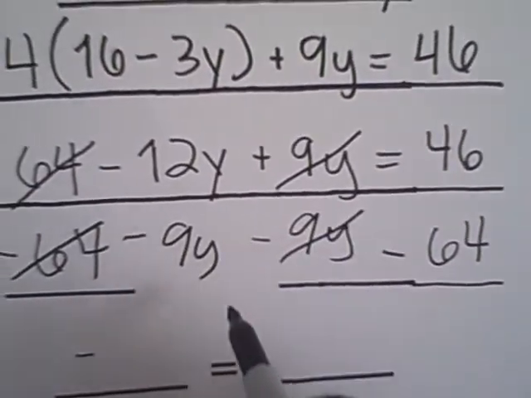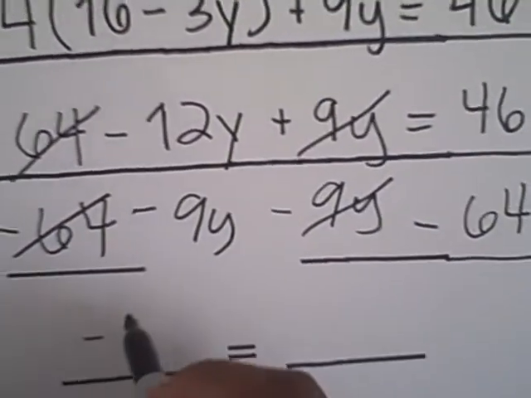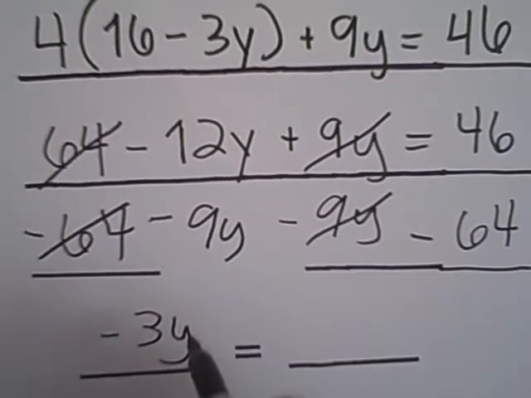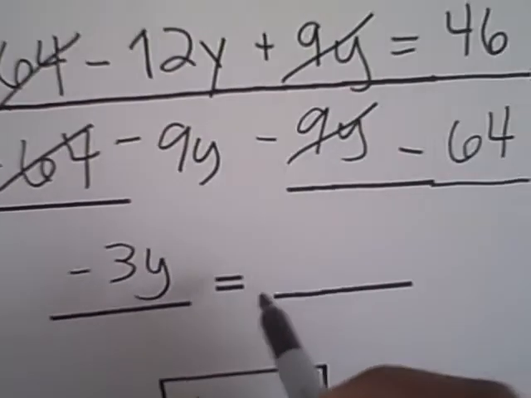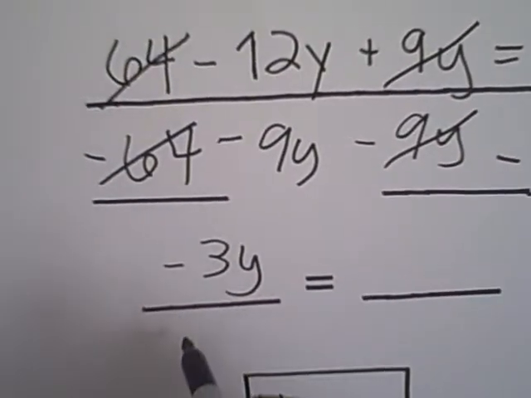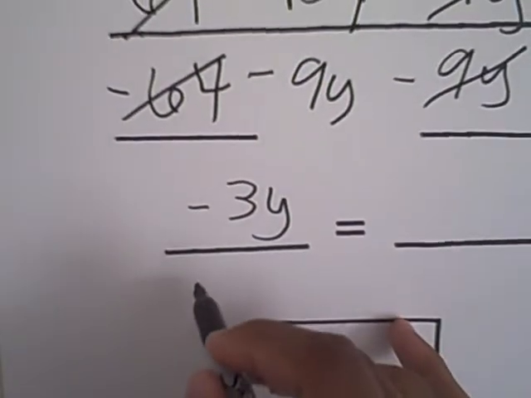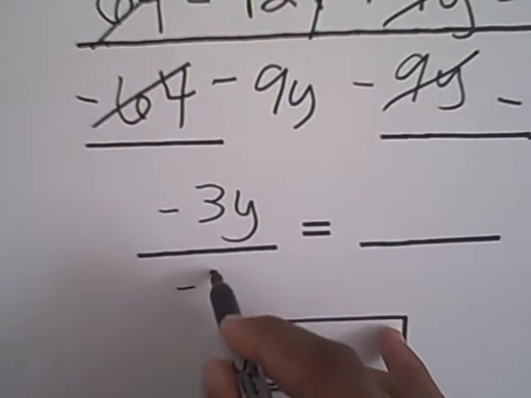These two cancel out, and this leaves us with negative 3y. To get y by itself, we have to divide negative 3y by negative 3.